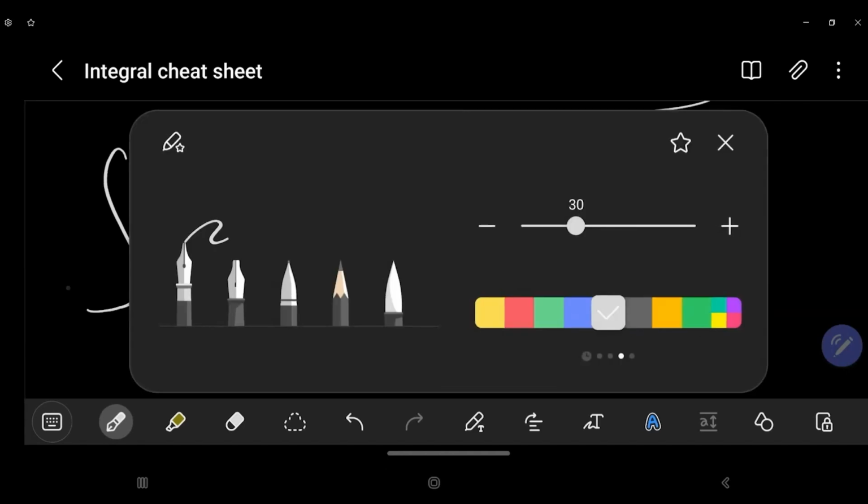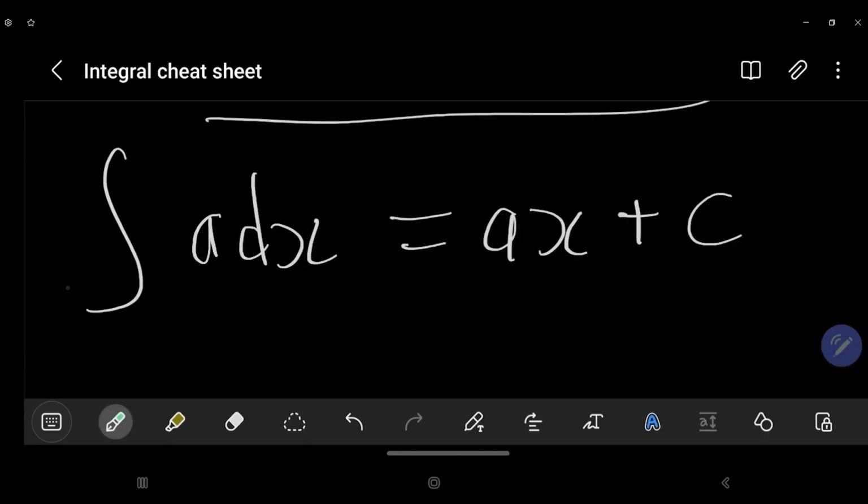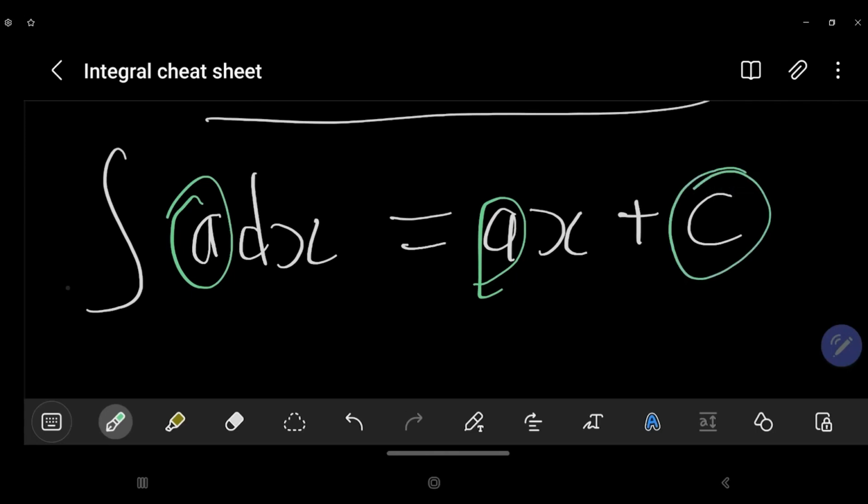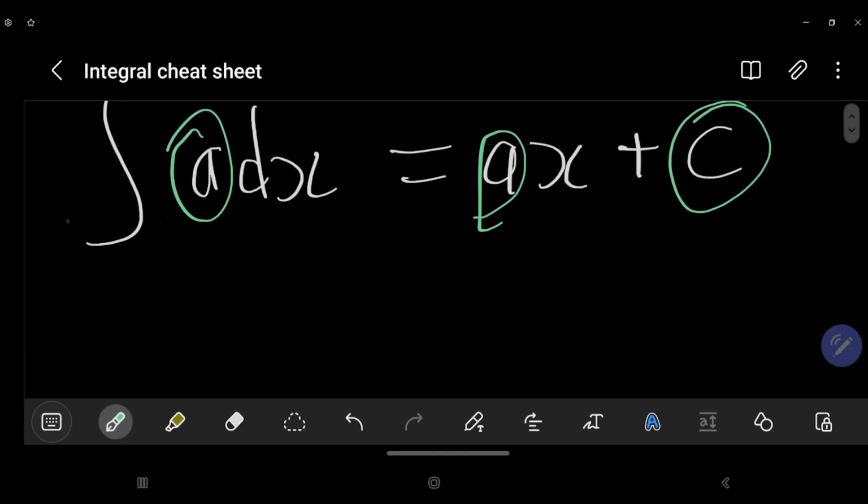Take note, it's basically a, which is your constant, and c. So ensure that you always include c in your integral because the derivative of any constant is 0. That's the reason we need to ensure that we do have a c to cater for that constant.